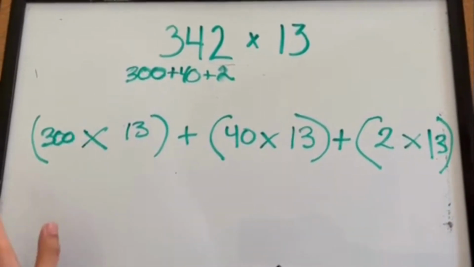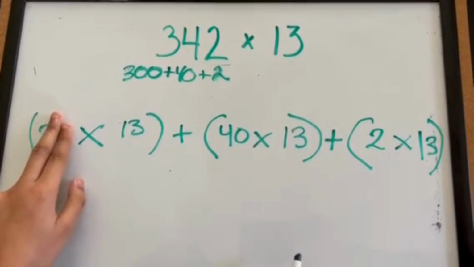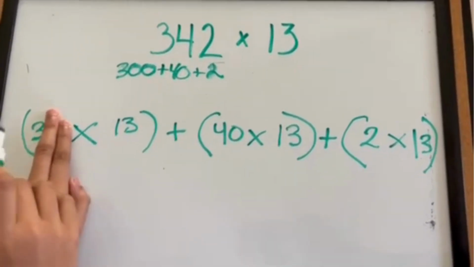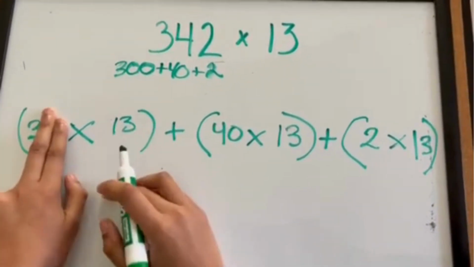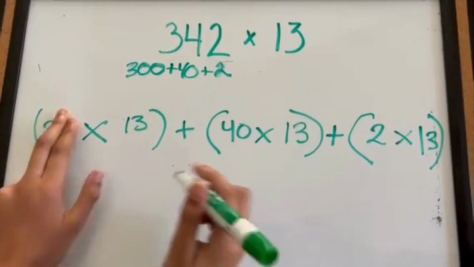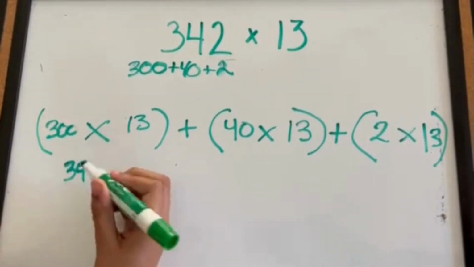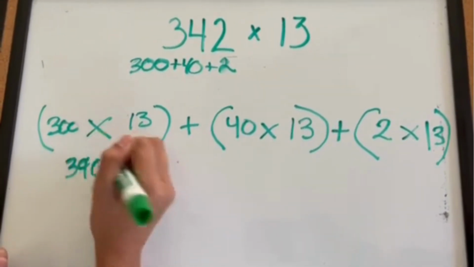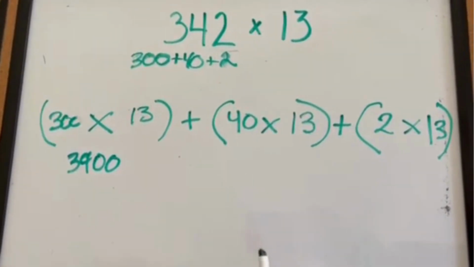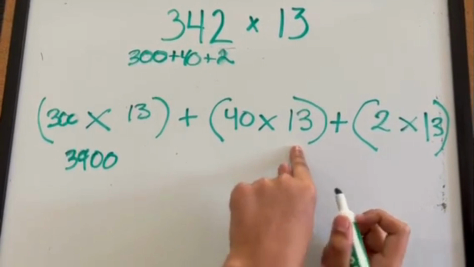Okay. Now let's actually do the math. If you cover the zeros in 300, it looks like 3 times 13. And 3 times 13, if you don't know, is 39. But if you add the zeros back, you have 3,900. Over here, we have 40 times 13.